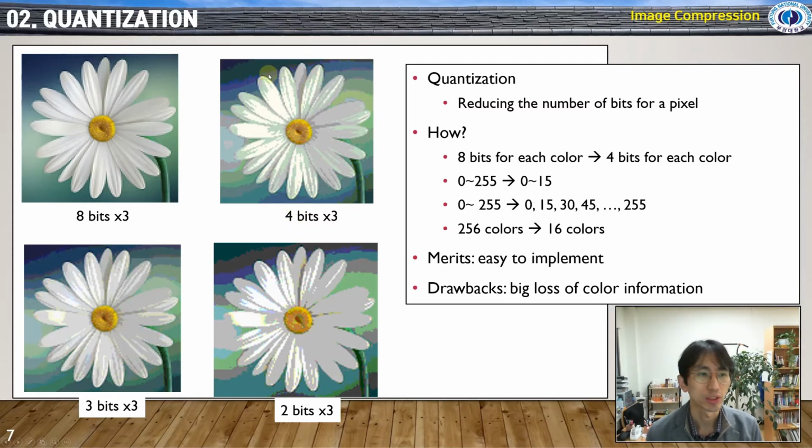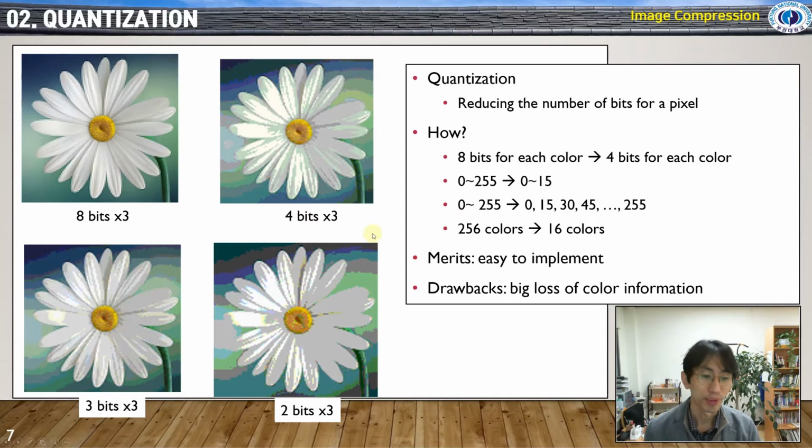We lose lots of information. It's not pretty anymore. And when it becomes 3 bits and 2 bits, even with 2 bits for each color, so we use 6 bits of information, we can recognize this is something like a flower, but not that beautiful a flower, isn't it?